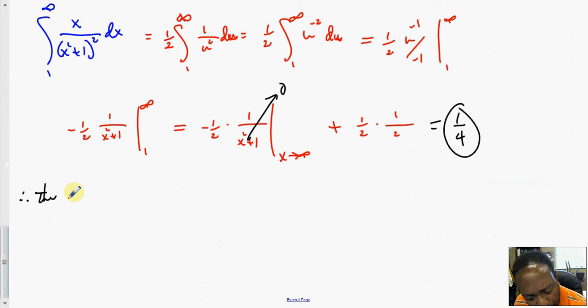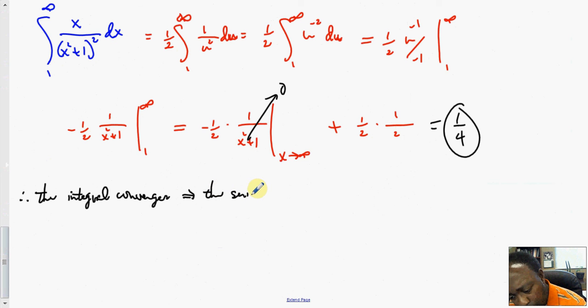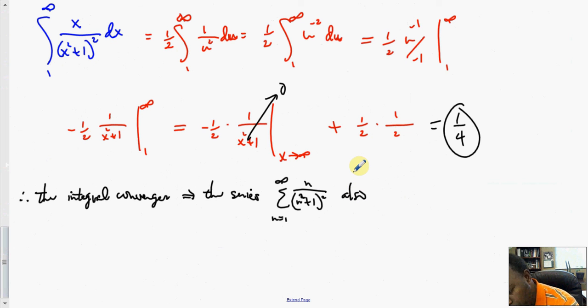So thus the integral converges, which implies the series also converges. I think that's it.